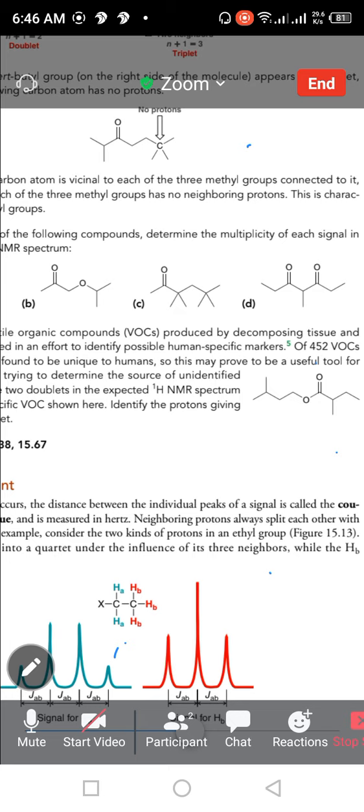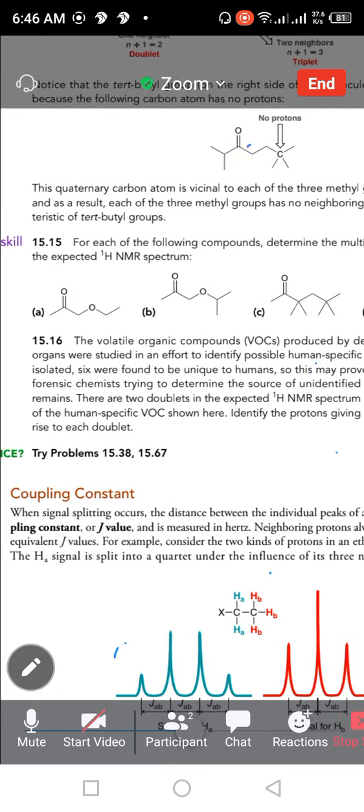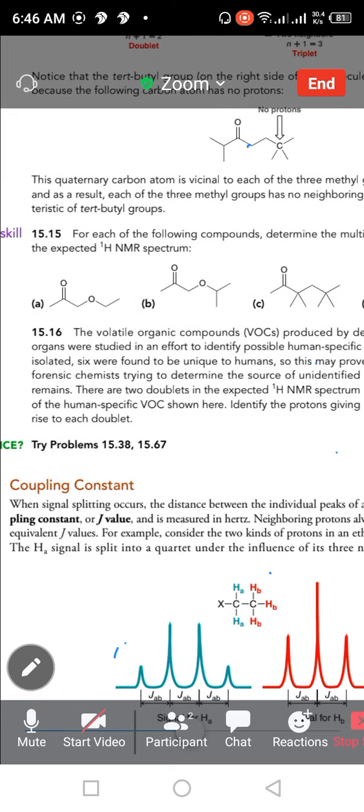If a 60 megahertz spectrometer and a 300 megahertz spectrometer are used, the coupling constant will be easier to measure in 300 megahertz instead of 60 megahertz, because in 60 megahertz the peaks overlap with each other and we cannot measure the coupling constant easily. In a 300 megahertz instrument, the peaks are very easy to interpret for the J value, because these peaks will not overlap with each other.